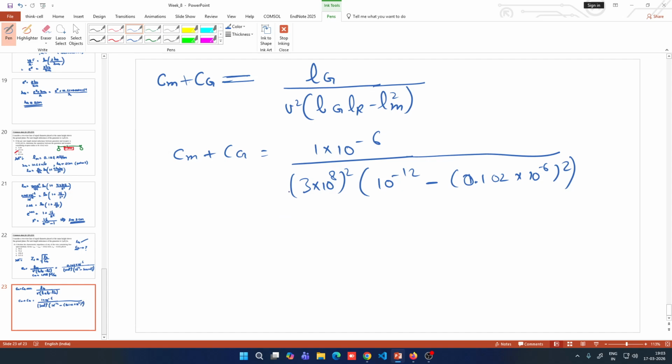When we solve it, Cg plus Cm comes out to be 11.2279 picofarad per meter.